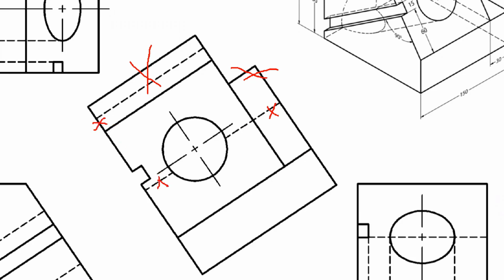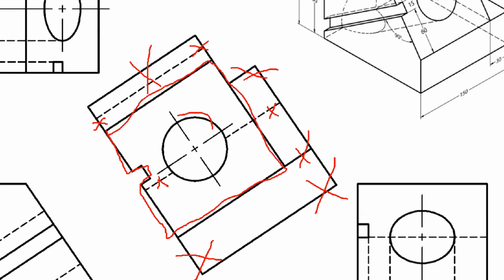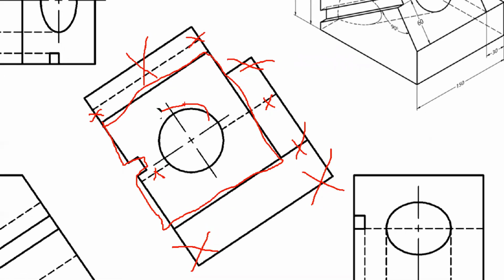I don't need these sticking up here. I don't need this, right? And I don't need these. What I need is just this face. So that's all I need, just that face and that hole.